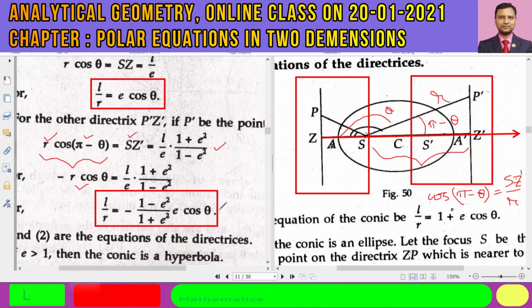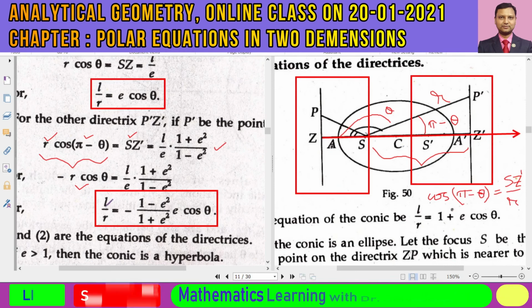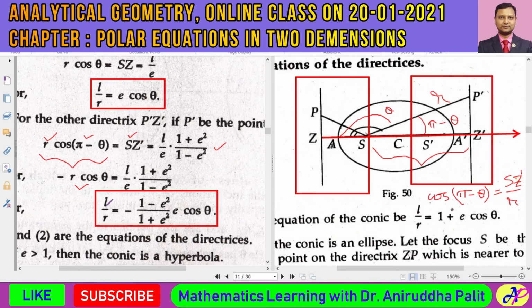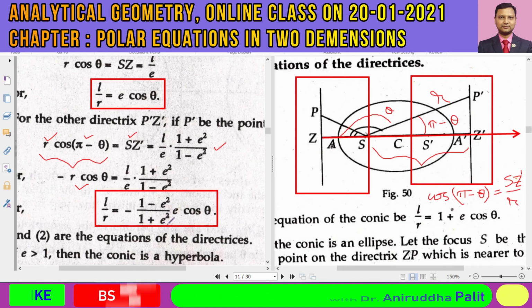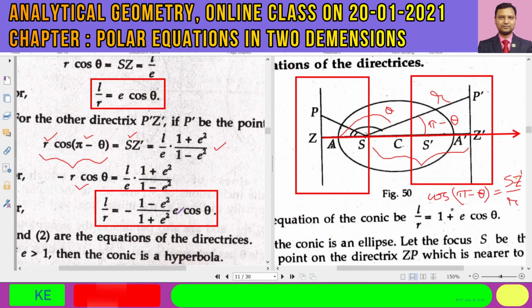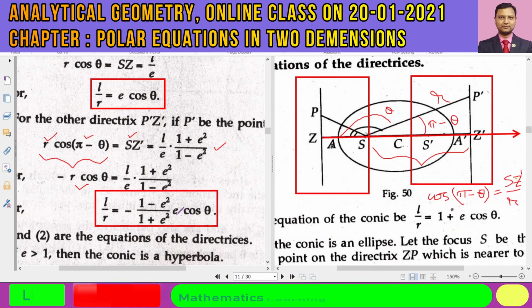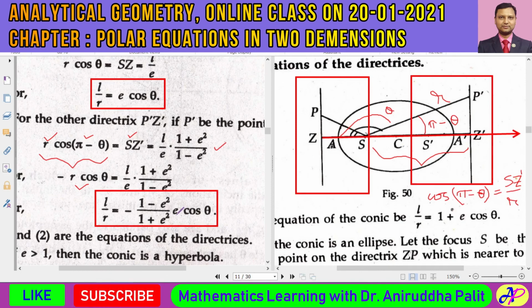After manipulation, this negative sign would come over here, and ultimately we will have the result that L by R is equal to minus of 1 minus E square divided by 1 plus E square into E cos of theta.